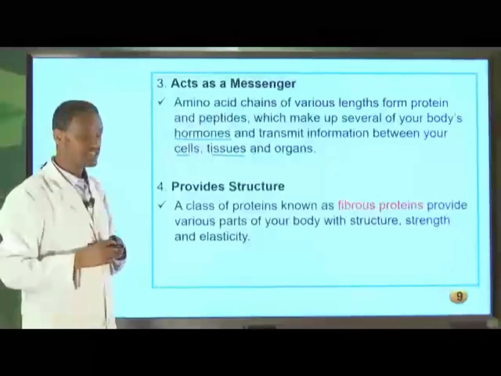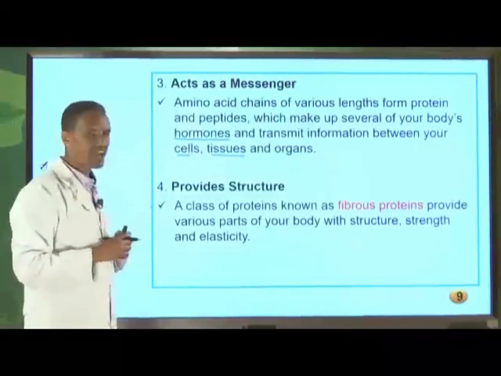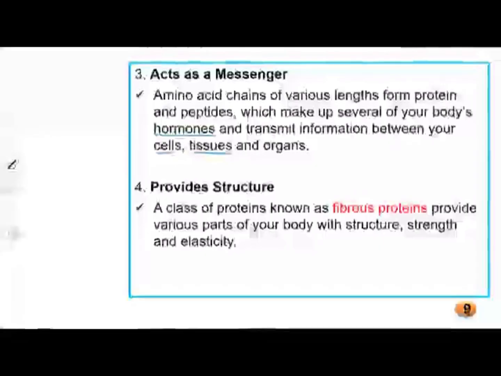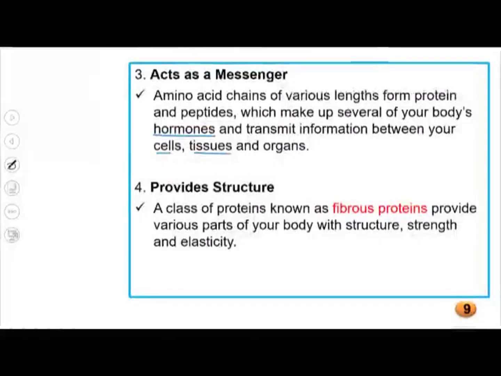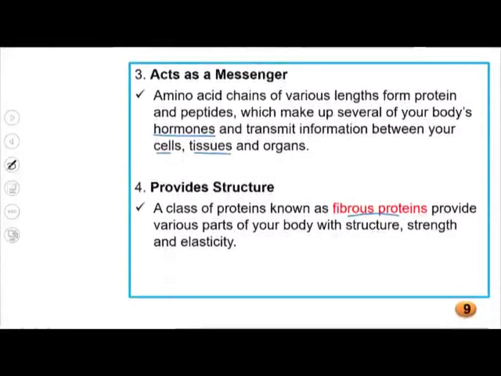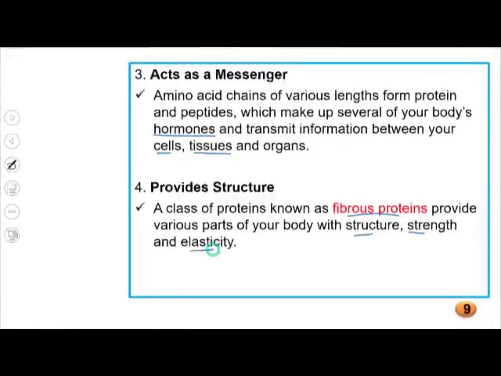The fourth importance of protein is that it provides structure. Here, a class of protein known as the fibrous proteins provides various parts of your body with structure, strength, and elasticity.